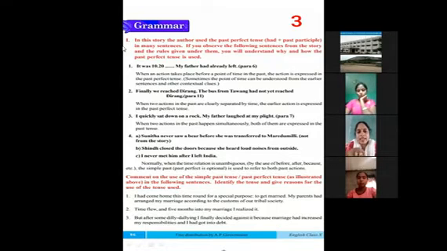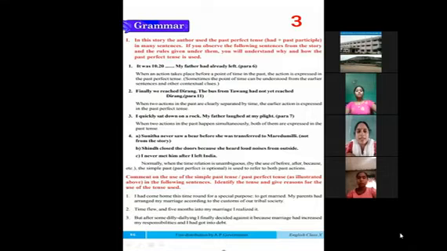Had plus left, so had plus V3. Past perfect is used when an action takes place before a point of time in the past. If the action happened before a certain point of time in the past, we use the past perfect tense.